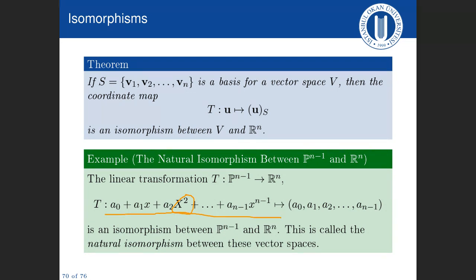It maps this polynomial a0 plus a1x, etc., to the vector a0, a1, a2, etc. This is an isomorphism, and this is called the natural isomorphism between these two vector spaces. Anytime we write down an isomorphism, and it's the most obvious one that we can think about, we call it the natural isomorphism.